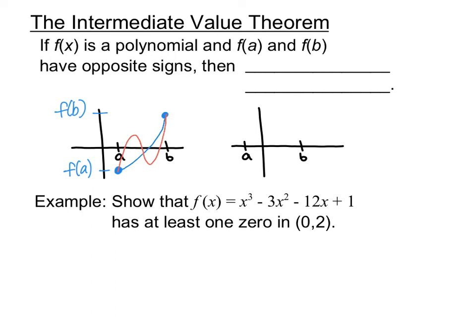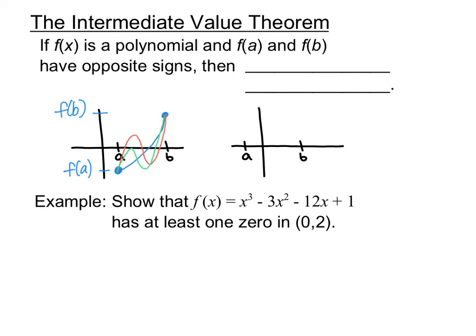Here, the red graph crosses the x-axis 3 times between a and b, whereas the blue graph crosses the x-axis just once. Can I make a polynomial cross the x-axis or touch the x-axis twice between a and b? Yeah, check this out.